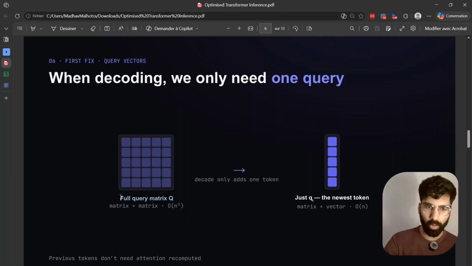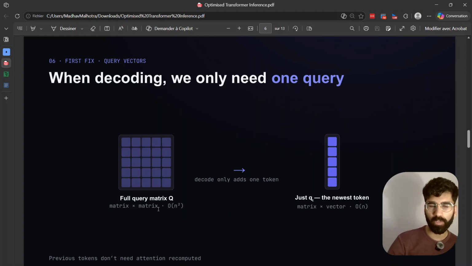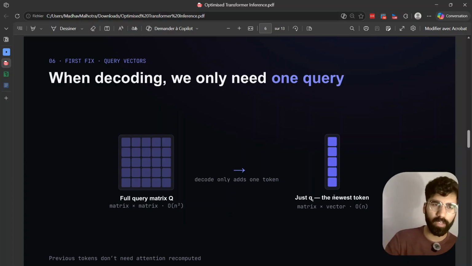So instead of having a full query matrix, we'll just have 1 vector for the current token that we're working on, which reduces from a matrix-matrix multiplication, which has O of n squared outputs, to just a matrix-vector multiplication, which has n outputs for n embedding dimensions, n tokens, etc. So that's one way that we can save a little bit of computation, and this is free. There's no downside here.